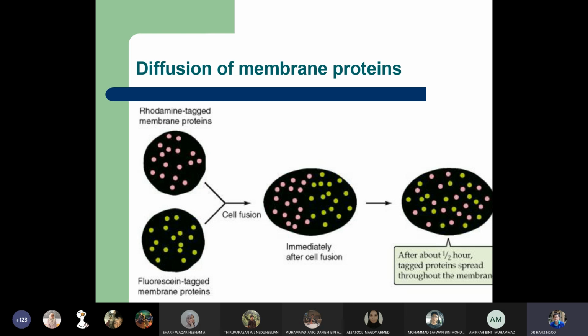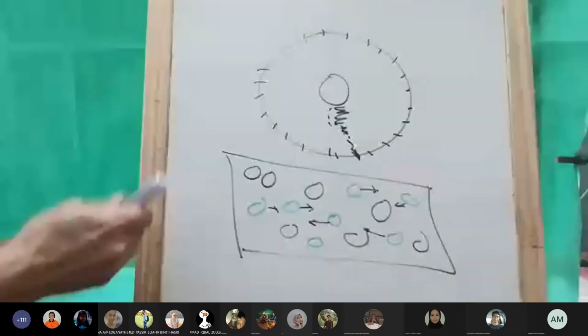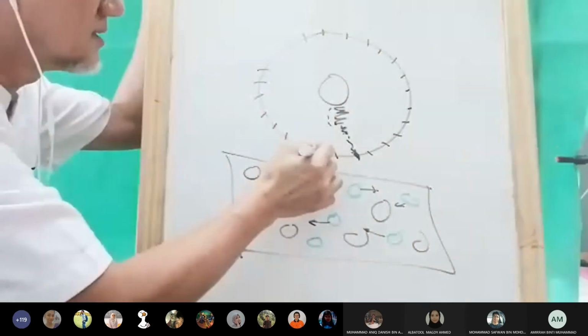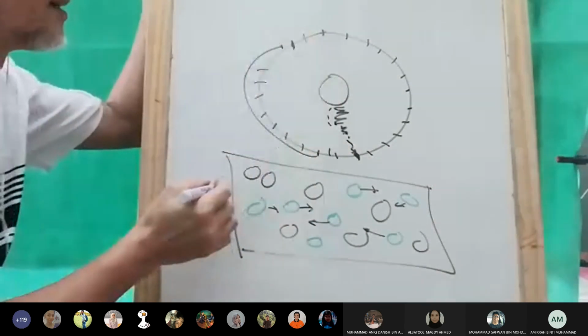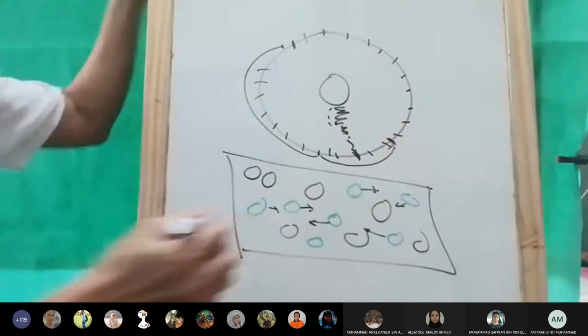They found that the color of the dye, basically representing the proteins, was now dispersed evenly across the cell membrane, which means that these proteins don't fix to only one place. If they were over here, half an hour later they could move to this side, or they can move to this side. So they are basically movable. They are not fixed.